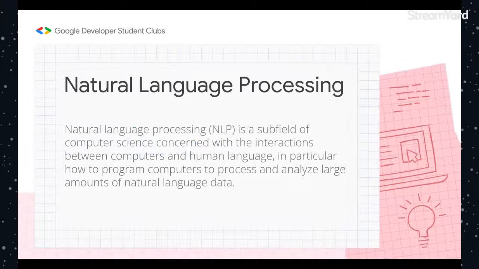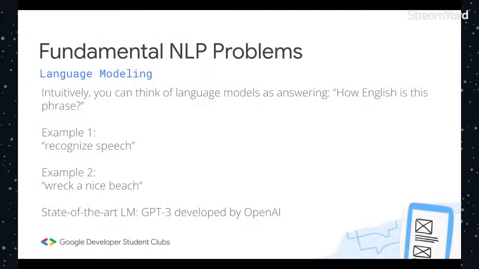Okay. So the basic technology or concept used for building a chatbot is natural language processing, which is a subfield of computer science that deals with how humans speak and how the language is perceived by computers.